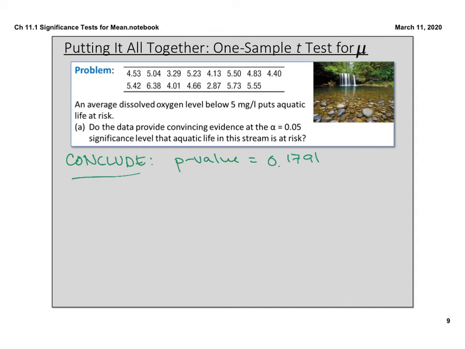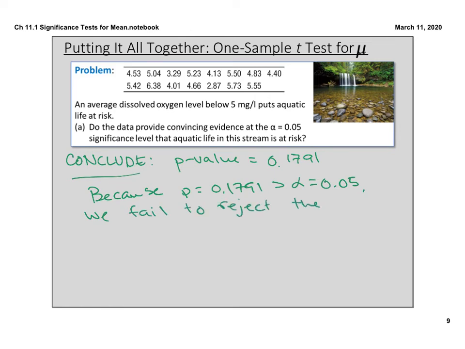So our concluding statement says, because p equaling 0.1791 is greater than alpha equaling 0.05, we fail to reject the null.